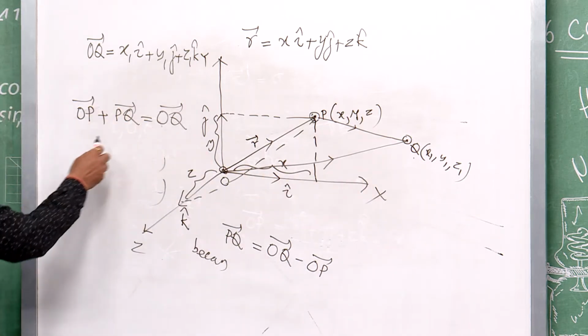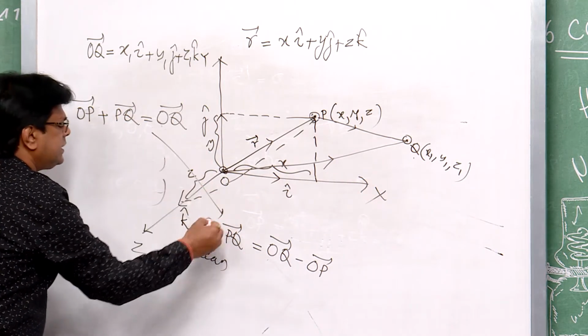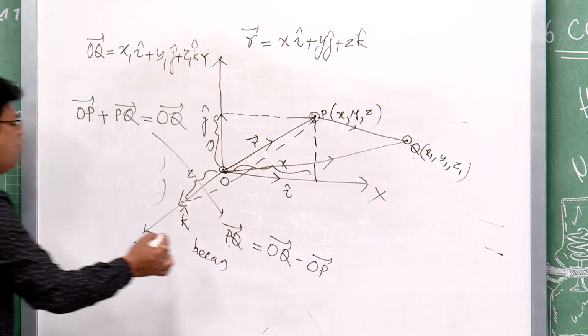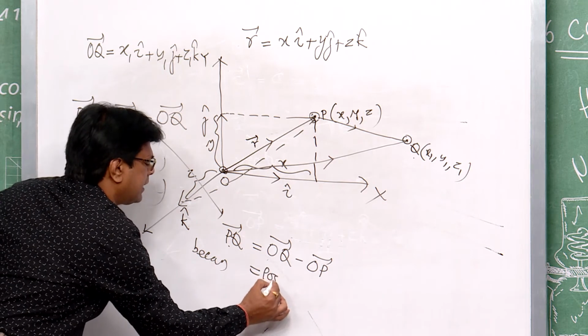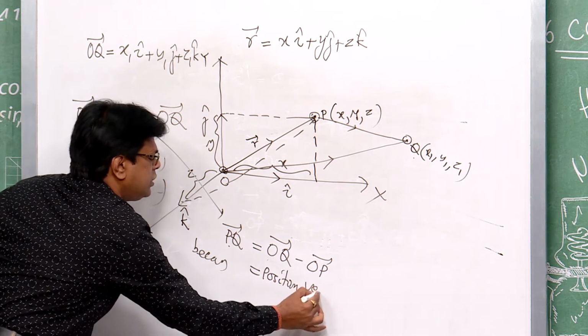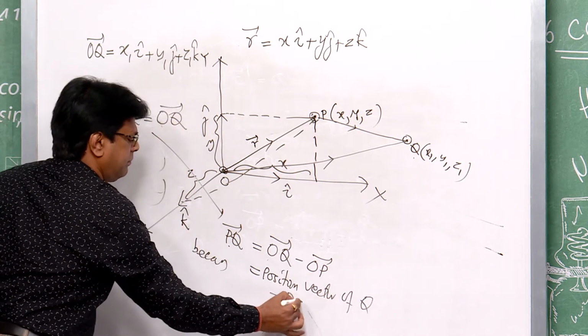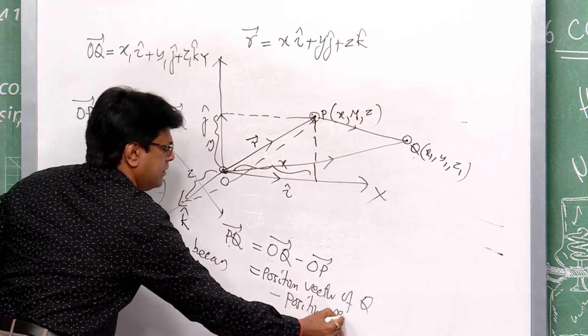So, PQ is equal to OQ minus OP. So, OQ is nothing but the position vector of Q minus the position vector of P.